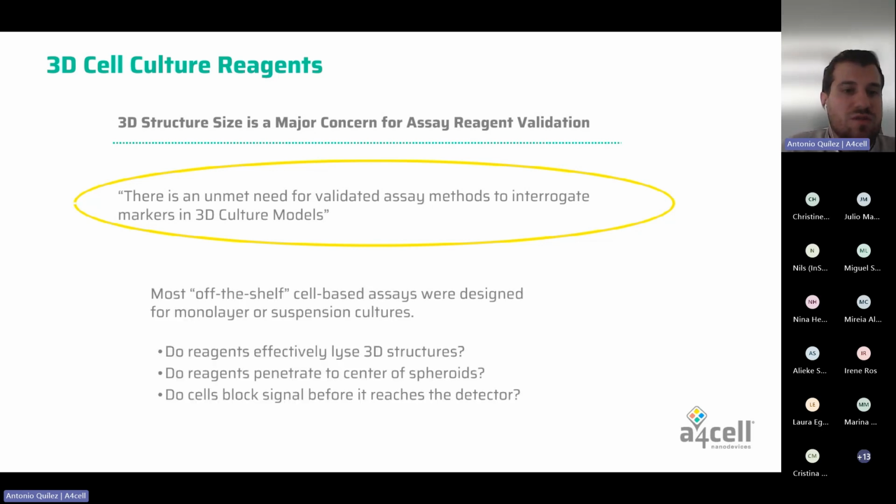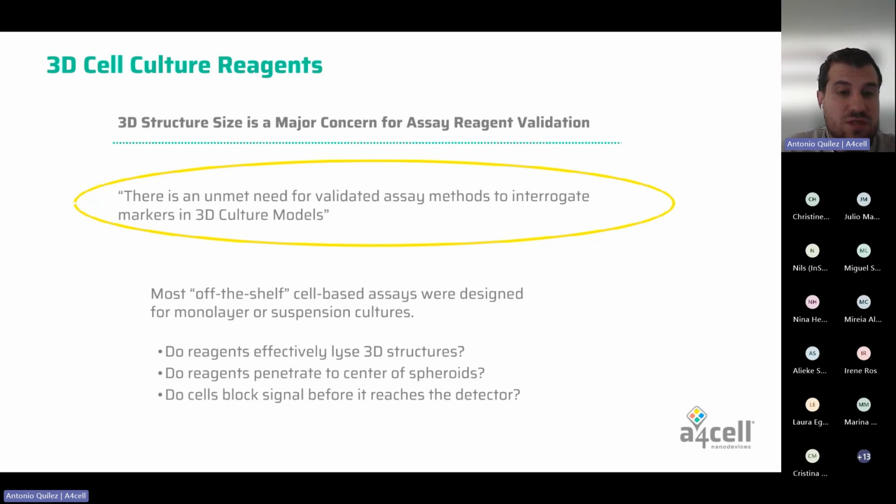Because most off-the-shelf cell-based assays have been designed for working in monolayers or suspension culture. So traditional monolayers. People are still using the same dyes that started working 30 or even 50 years ago. So we need to develop new tools to adapt to the new realities of cell biology research.